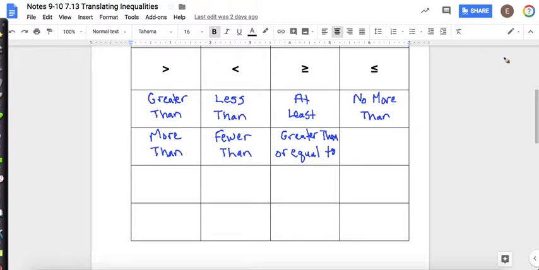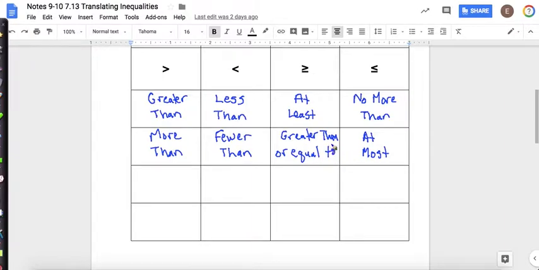At most is less than or equal to. For example, if one of your parents says you can have at most 5 friends over, that means you can have 5 or less. At most. That's the most you can have, so 5 or less. So less than or equal to. You can cross it off your list.